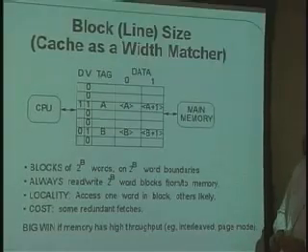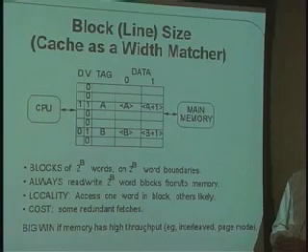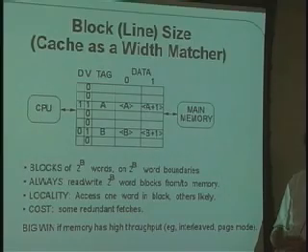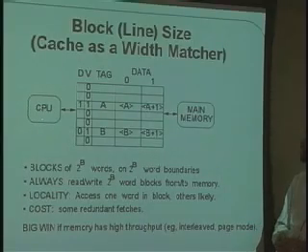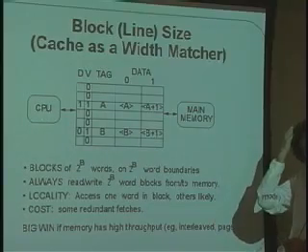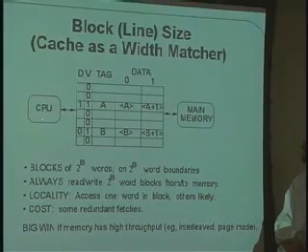Typically, this block can be anywhere from 2 words up to usually less than 100 words, but a fairly large block. In general, whenever we bring anything into the cache, we bring in things that are near it, because we bring in the whole block.